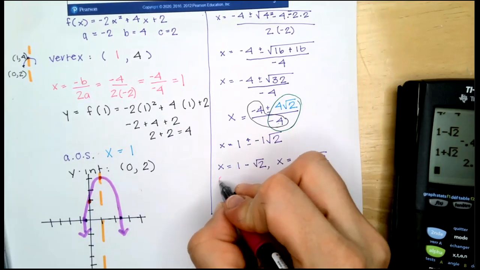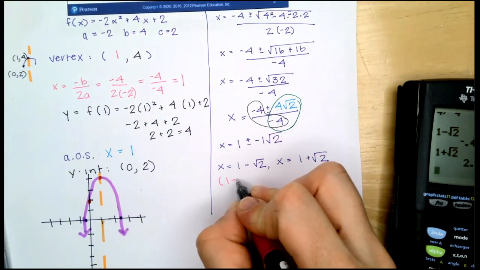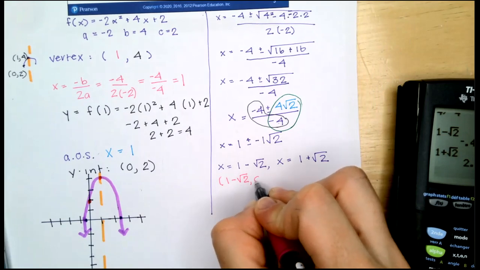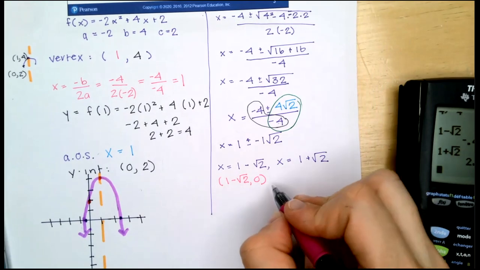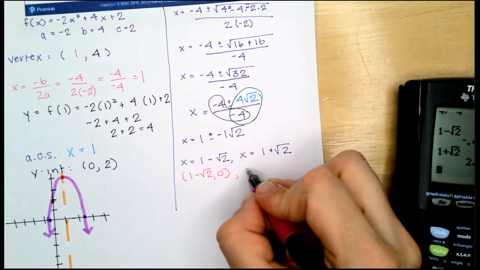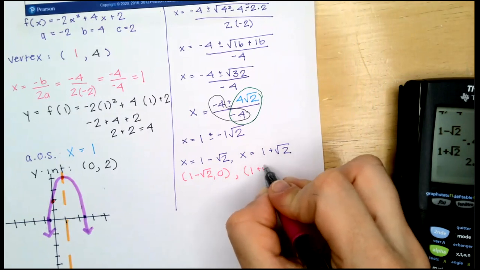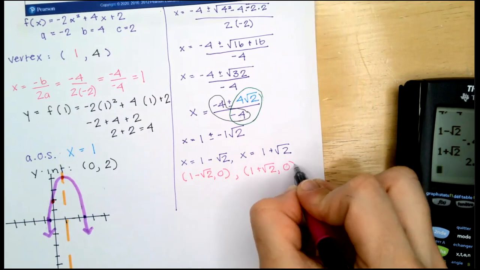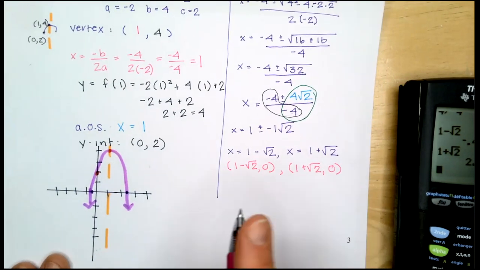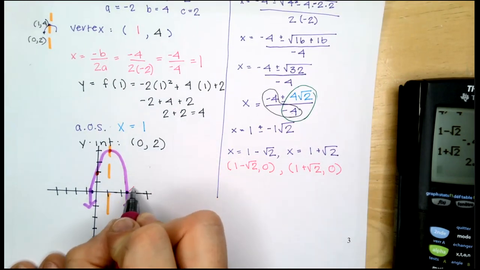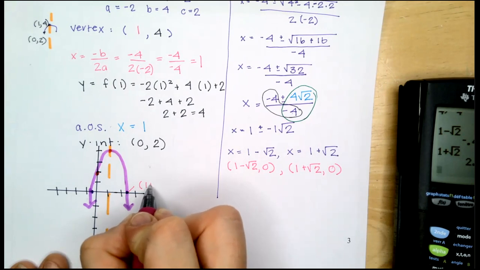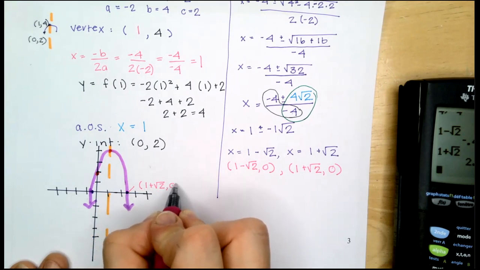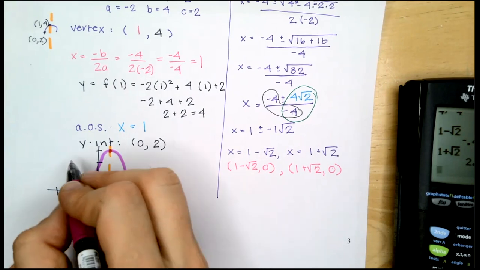Actually, if I was going to write the x-intercepts correctly, I would say it's 1 minus square root of 2, comma 0, and 1 plus the square root of 2, 0, because those are the points, right? So this is the point 1 plus the square root of 2, 0 on the y.